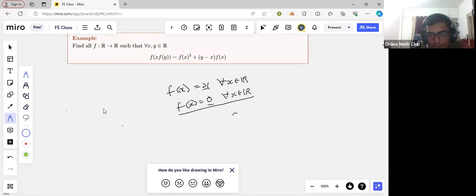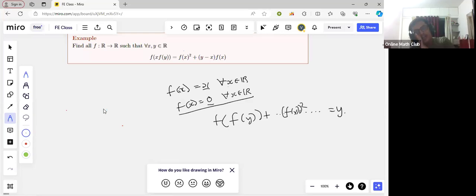If you have some expression with f of y, something like f of y plus something with f of y squared, and anything in f of y, and we have this equal to y, so that every occurrence of y occurs inside some f of y except for y alone, so y is isolated in some way, then we can prove injectivity, right?